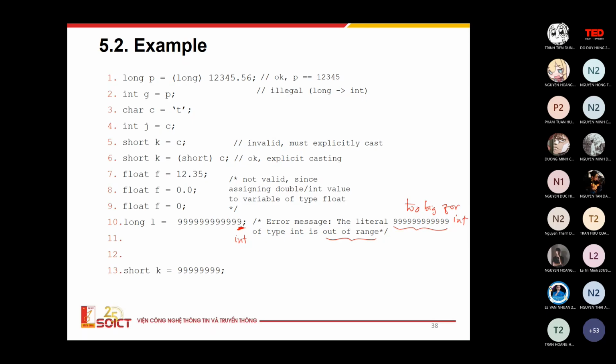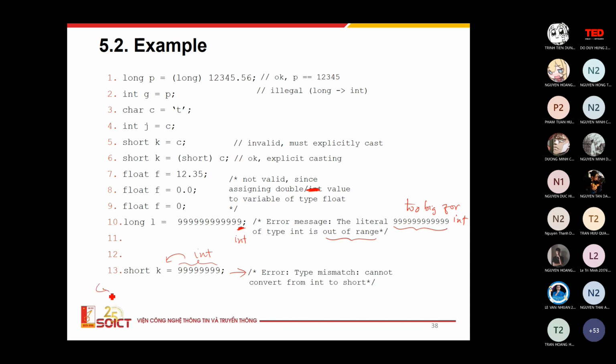This one I have to write like this, and the same for this comment. For this comment, what do you have? Here you have int and you have to convert it to a short. That means you go in the reverse direction, so you have to do it explicitly.